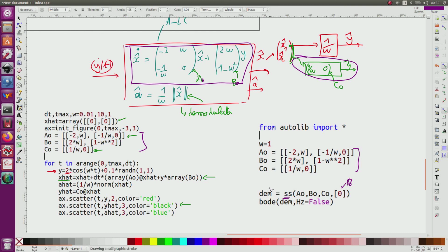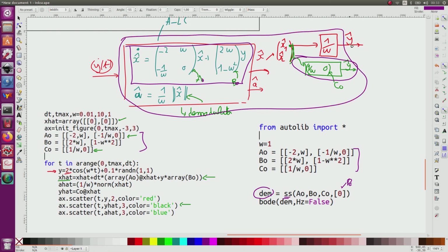I will build the system called dem, like demodulator. So this system has an input y, and as an output y hat. This system is linear, and since it is linear, we can compute the transfer function, but I can also draw the Bode diagram.